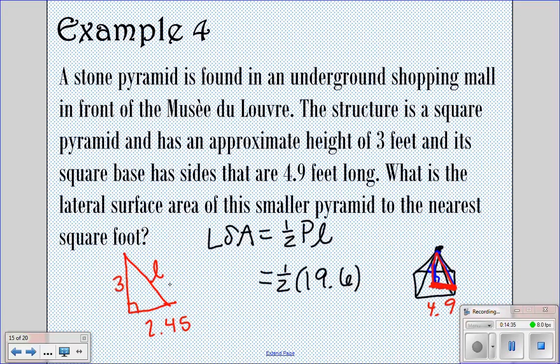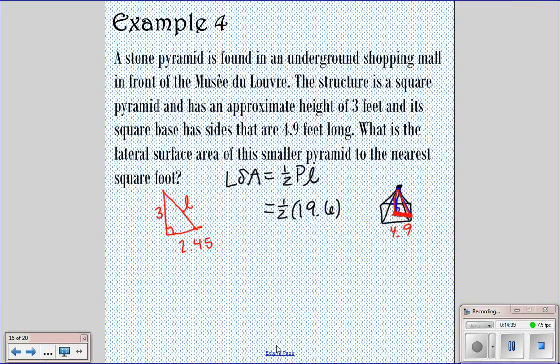So to find your slant height, we're going to need to use the Pythagorean theorem. So you're going to do 3 squared plus 2.45 squared equals L squared. So 2.45 times 2.45, and then add 9, and you get 15.0025 equals L squared.